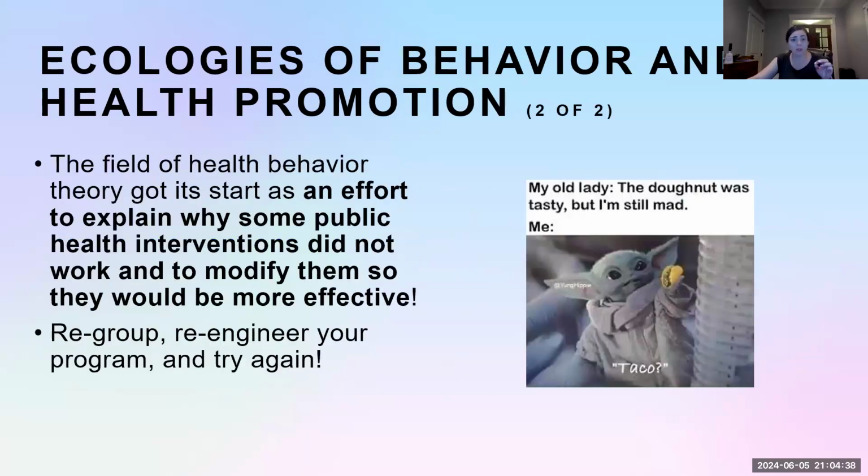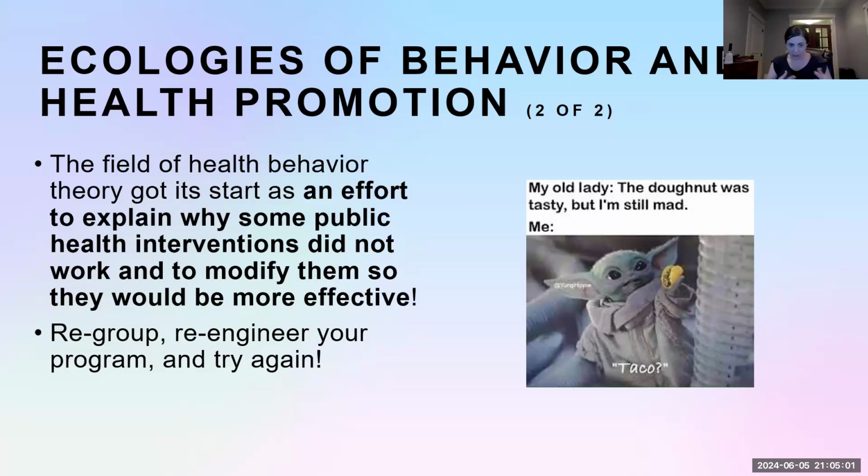We also want to be really, really mindful that when we design health education, public health, program planning interventions, we want to realize it's not going to be perfect the first time. So we have to try to understand those factors that are driving health, try to combat, counter, improve those factors, right?